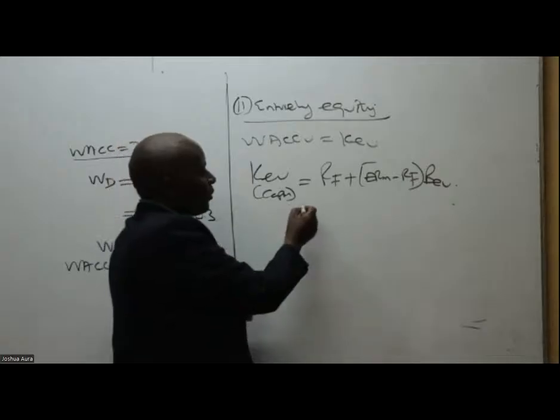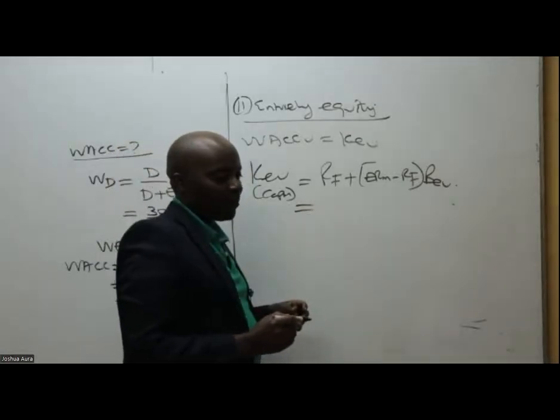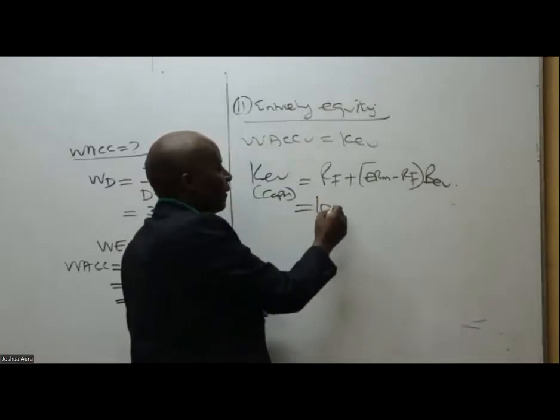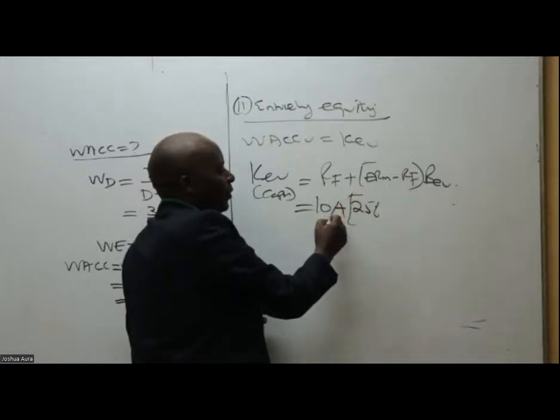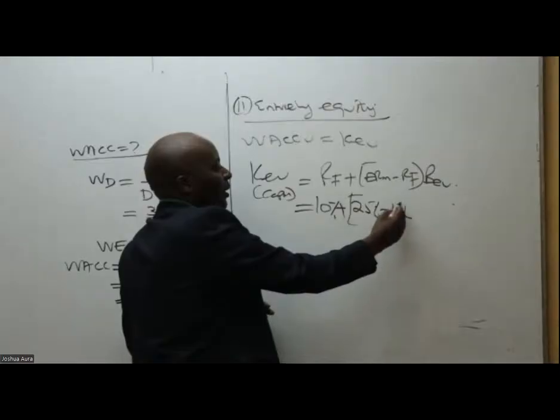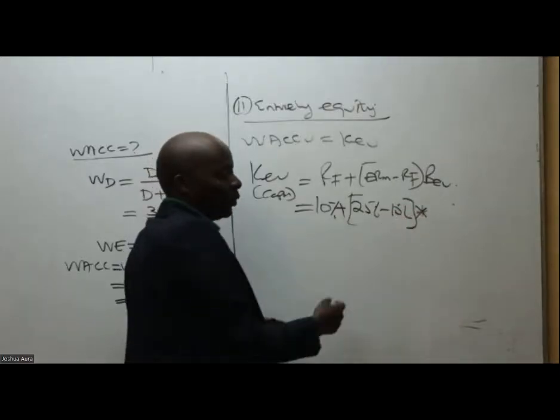Do we have the risk-free rate of return? Yes, 10 plus. Do we have market returns? You gave me 25, minus 10, multiplied by beta, which I've forgotten.